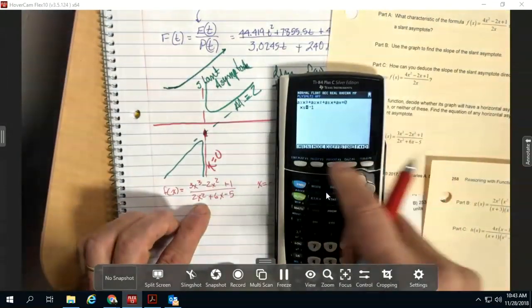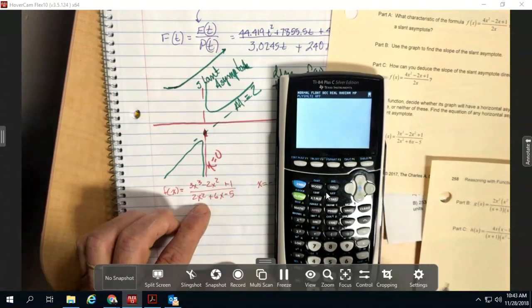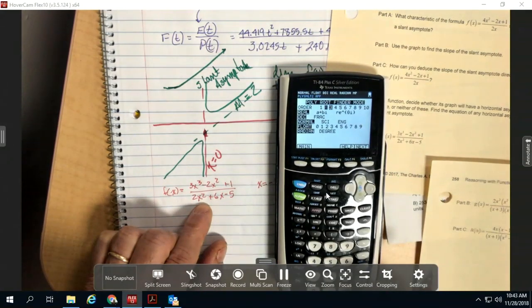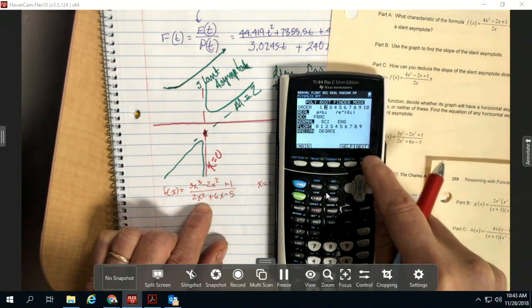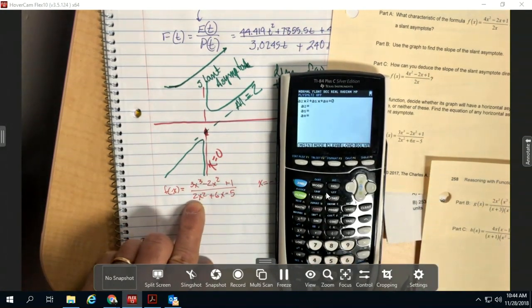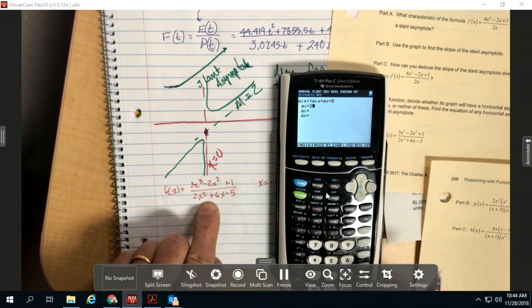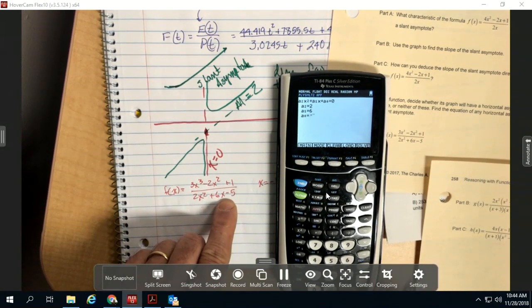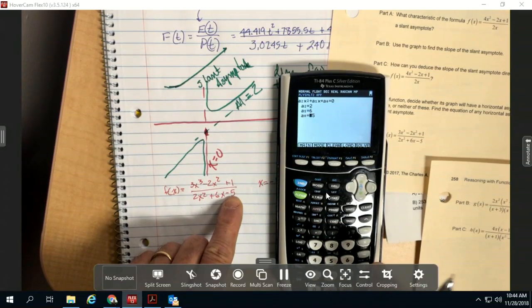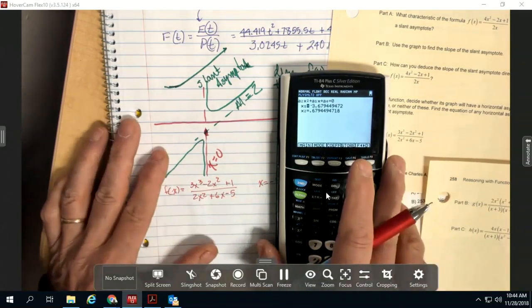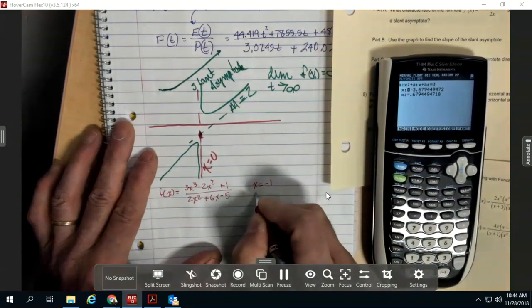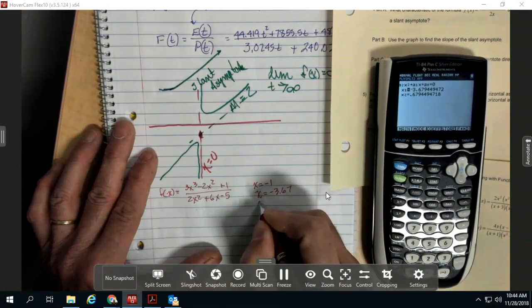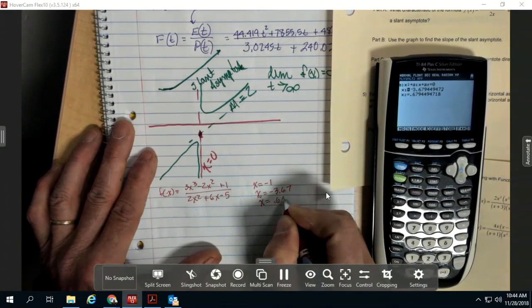For my denominator, I'm going to go back to the main polynomial root finder, go back to second order because this one is a second order polynomial. 2, enter. 6, enter. -5, enter. Solve. And it tells me my roots are at x equals -3.67 and x equals 0.68.